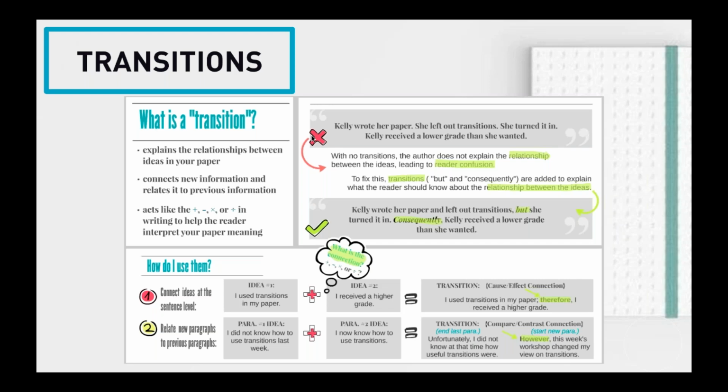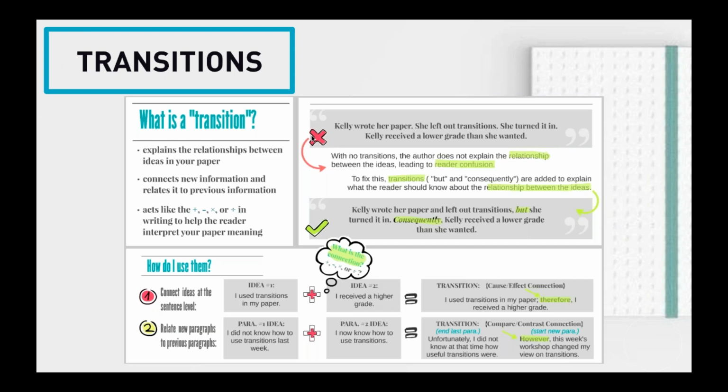Now, if you want to do this at the paragraph level, such as putting a transition sentence at the start of a following paragraph, you can do it like this. If the first paragraph's idea was I did not know how to use transitions last week, and the second paragraph's idea is I now know how to use transitions, I can use that same kind of adverbial conjunction to start my sentence in the second paragraph.